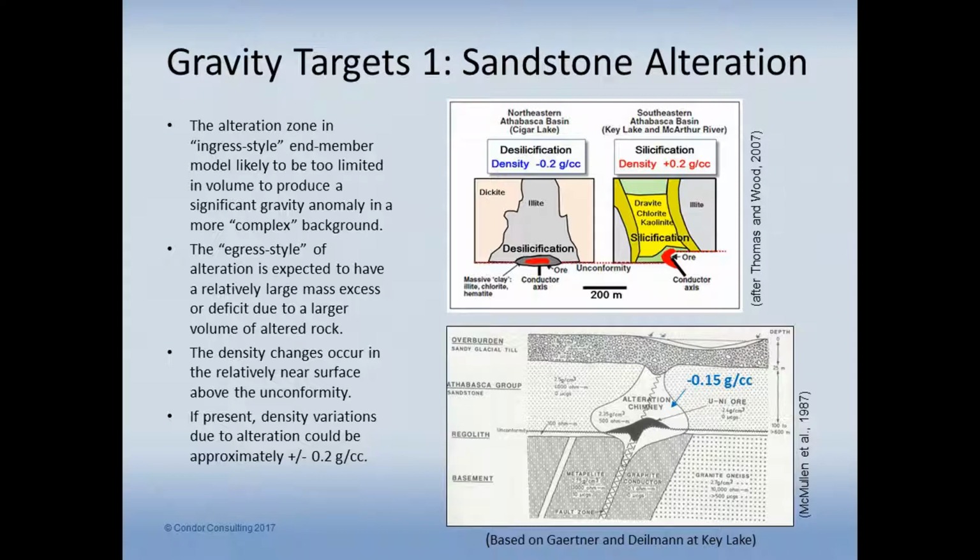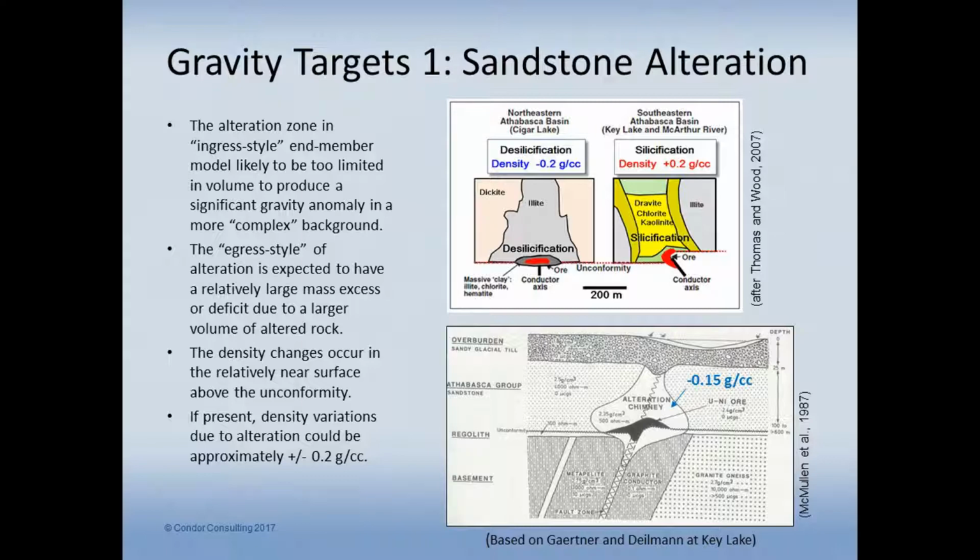This figure down here, I think, was based on recognition of this at Key Lake, and they did, I think he says hundreds of measurements in the text, and the model they came up with there was a minus 0.15 grams per cc. So, you know, I think we just use a rough number when we're saying minus 0.2 or plus 0.2.